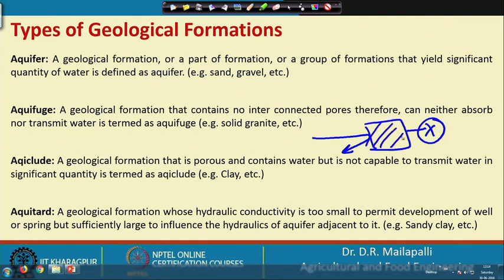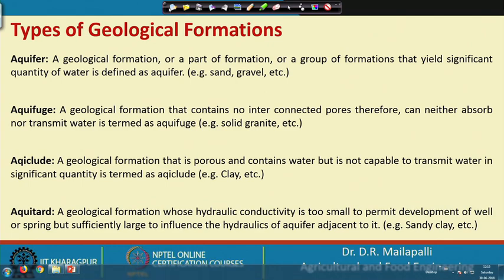Aquifuges are, for example, solid granite. Since there are no definite pores, water cannot penetrate in, which means it cannot absorb and it cannot transmit. So these are the bad aquifers; you do not get any water in those formations.